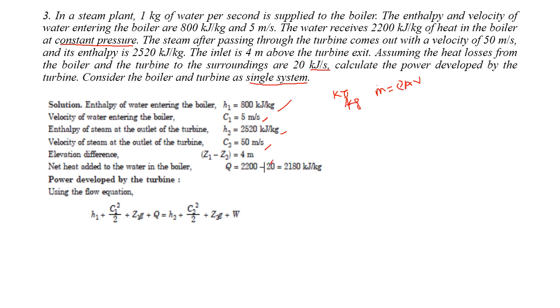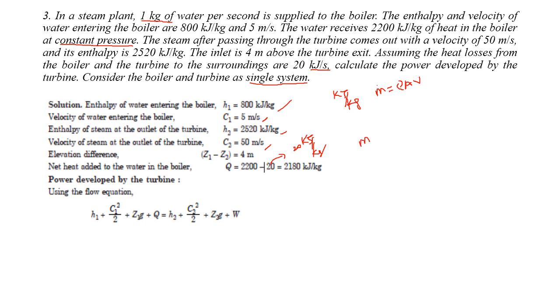So I am taking it as 20 kilojoule per kilogram. If it is 20 kilojoule per second, when the mass flow rate value is given, here the mass flow rate is given as 1 kg of water per second.